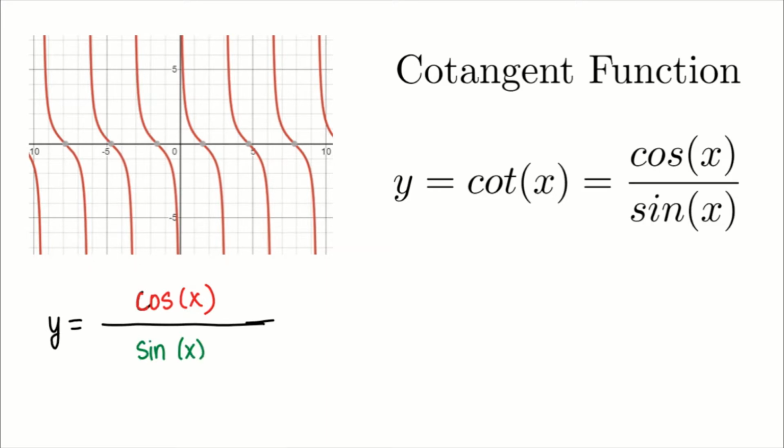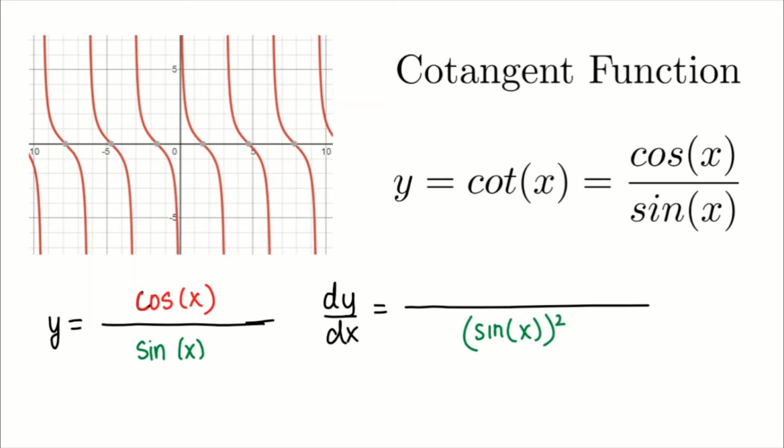Now you want to differentiate it, so you have dy over dx. You need to find this out. So in the denominator, you first square the original denominator. The original denominator is sine x, you square that, so sine x squared.